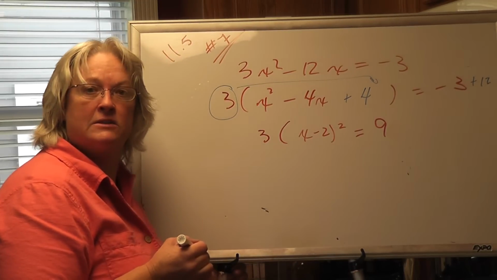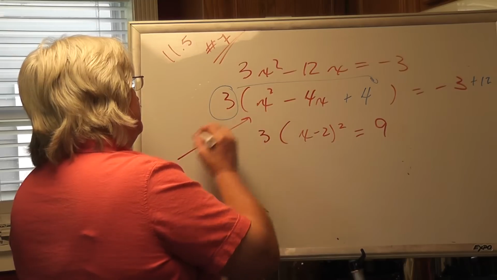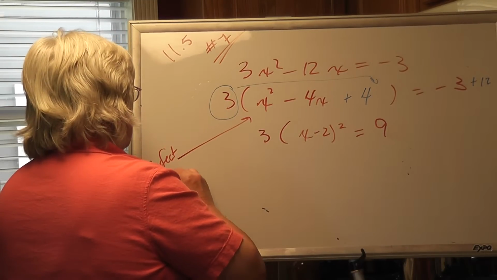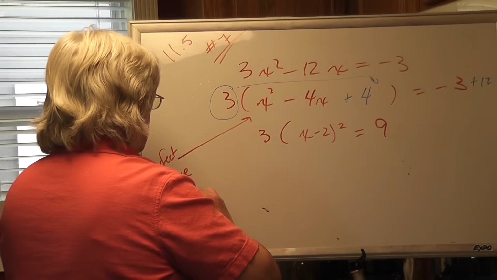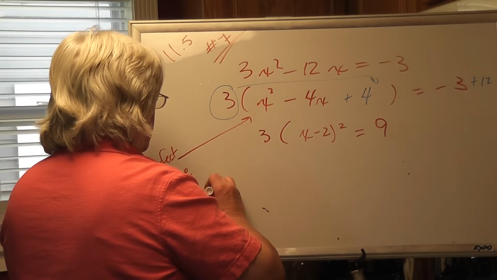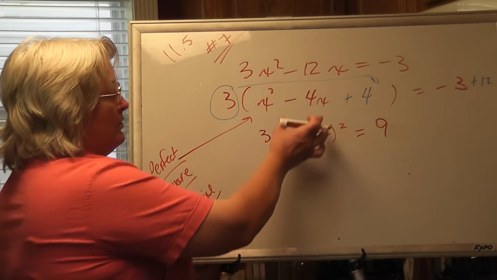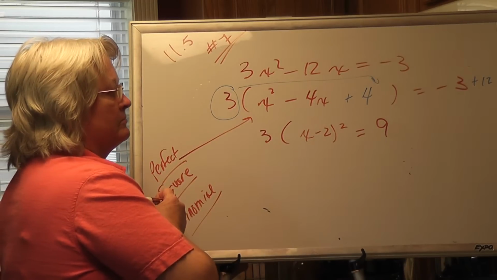How did I get this x minus 2 here? This is a perfect square trinomial, x minus 2 squared.